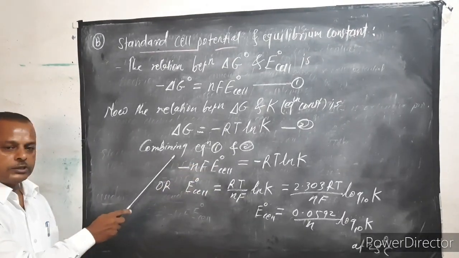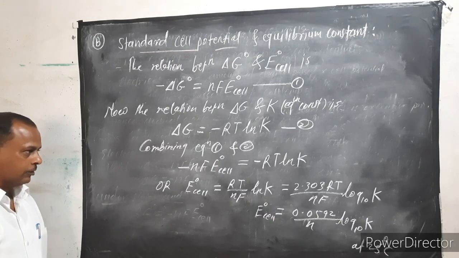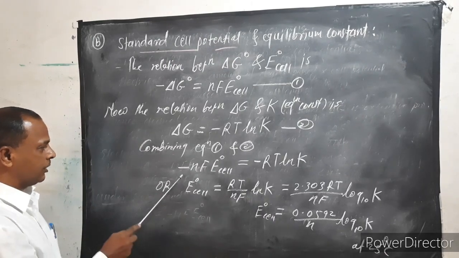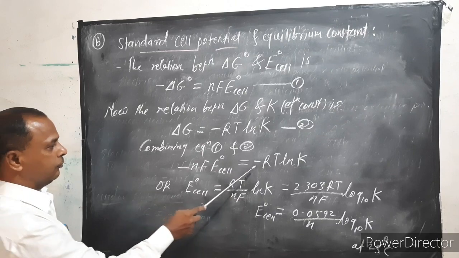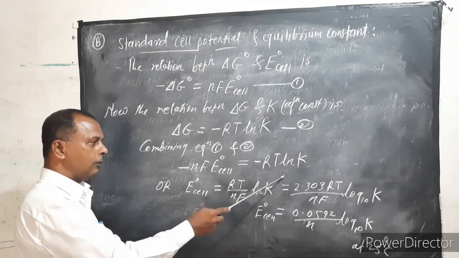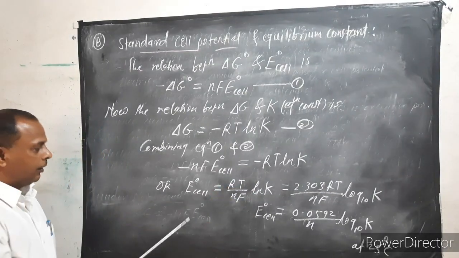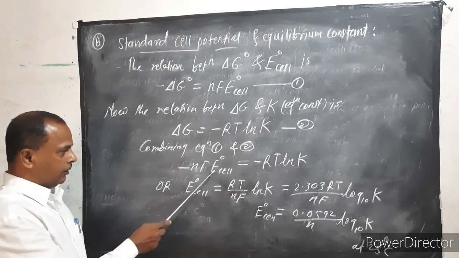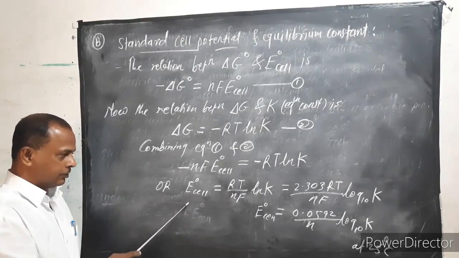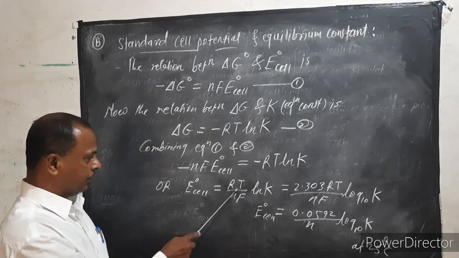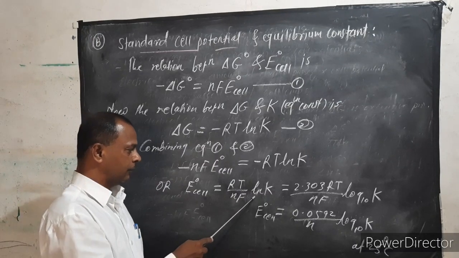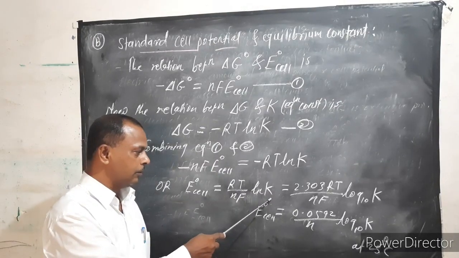Now combining equations 1 and 2, we get minus n F E naught cell equal to minus RT ln K. Therefore E naught cell is equal to RT upon n F ln K, where K is the equilibrium constant.